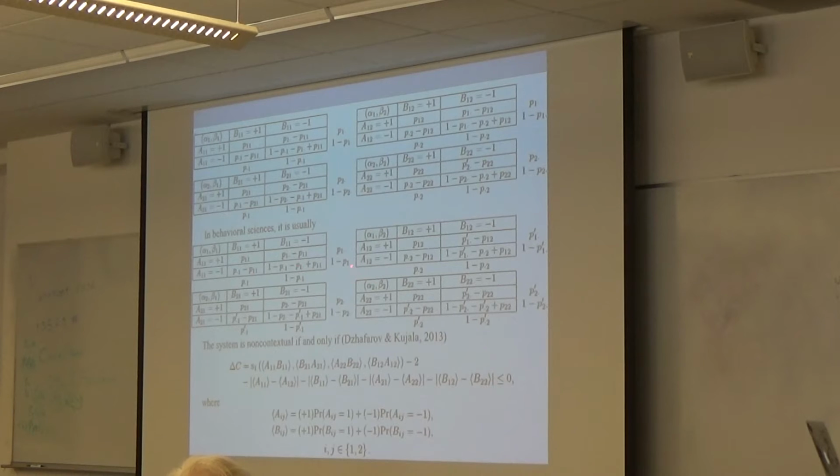According to the framework of contextuality by default, the system is non-contextual if and only if delta C is less than or equal to 0. This delta C, compared with the earlier one, has 4 additional terms. The 4 additional terms take into account the difference between the distributions of A across different levels of beta, and also the difference between the distributions of B across different levels of alpha.